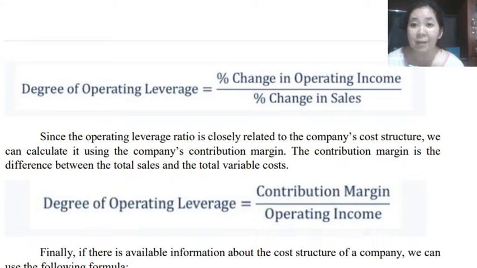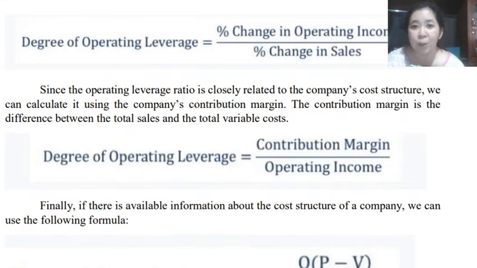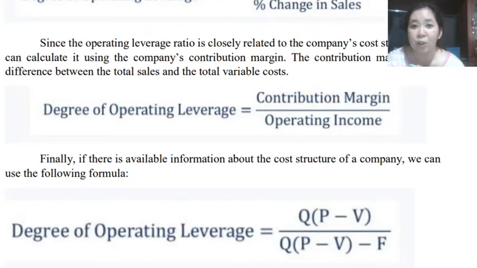Contribution margin minus the fixed cost is equal to operating income. So again, this is just like a ratio of contribution margin in relation with the operating income. So how efficient or effective is the management in managing their fixed and variable cost, because it will show here the relationship based on the contribution margin.